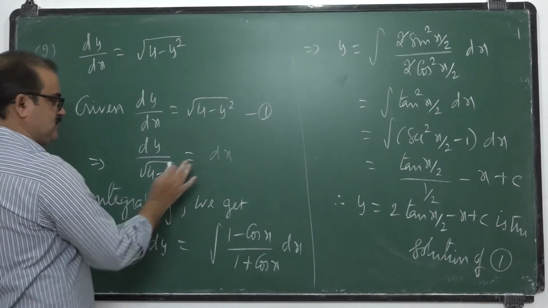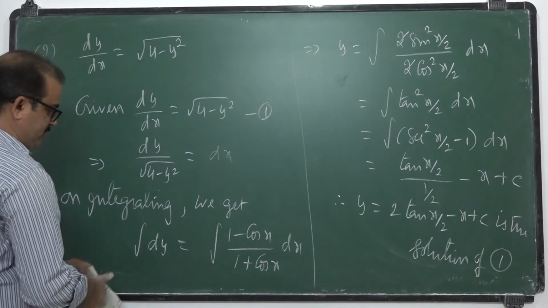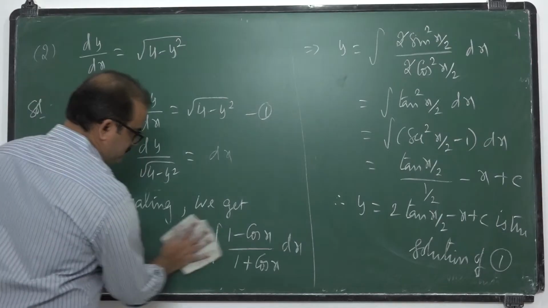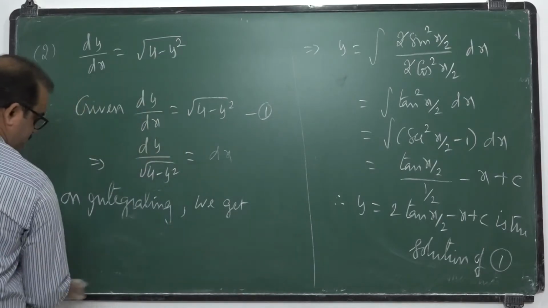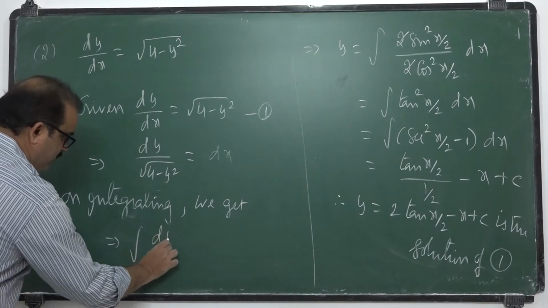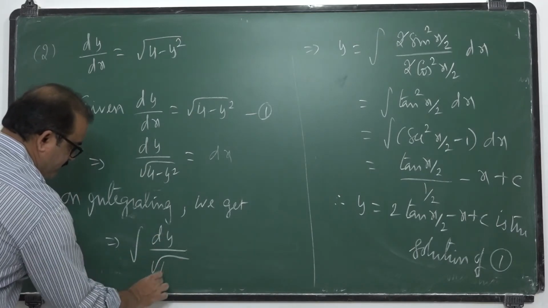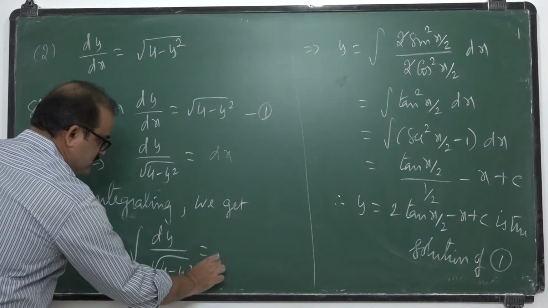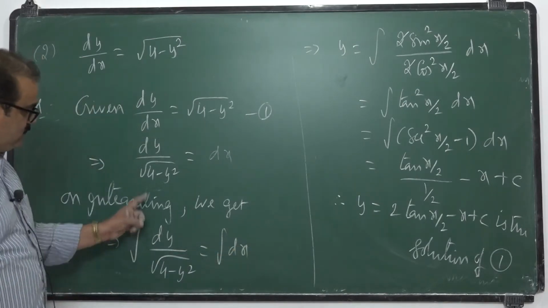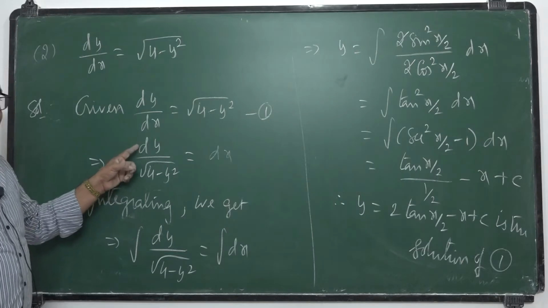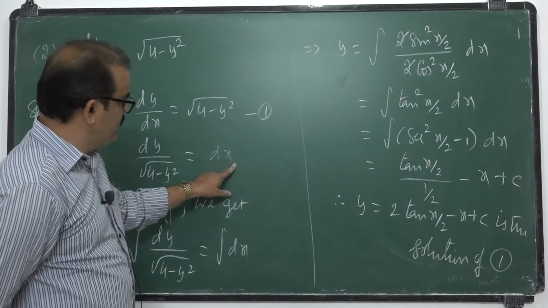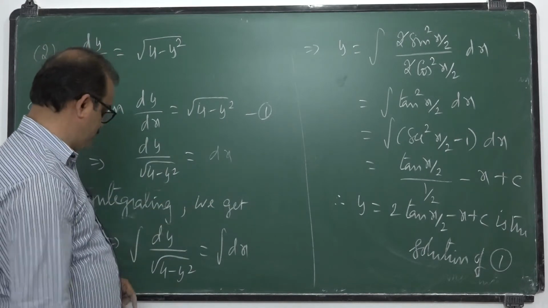Once the variables are separated, now integrating both sides. Integral of dy by root 4 minus y square is equal to integral of dx. Generally, we write the variable containing y in LHS, the variable x in RHS.